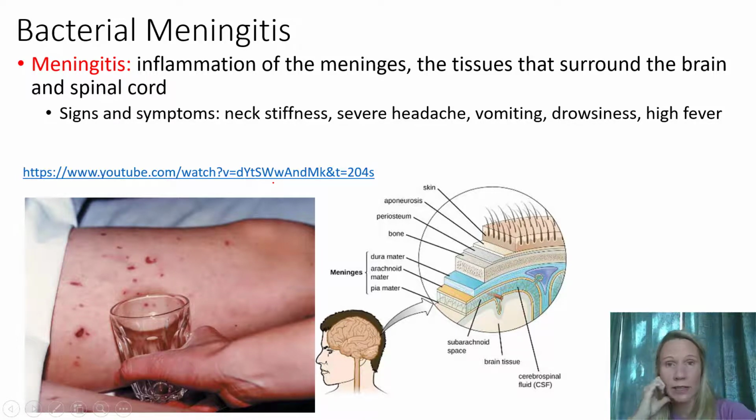A lot of times it's mistaken for flu. There have been some very tragic cases in the news, especially on college campuses, because it also resembles a hangover, okay? So people could mistakenly think they just have a hangover and not realize they actually have bacterial meningitis.